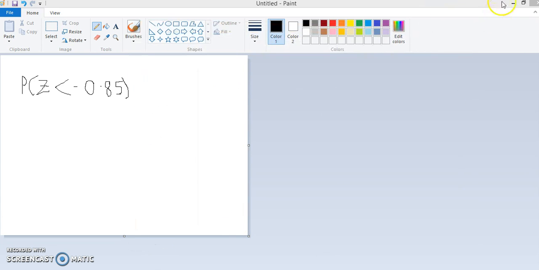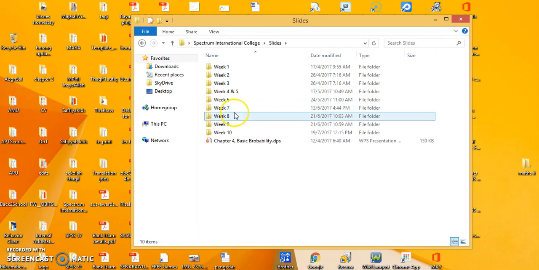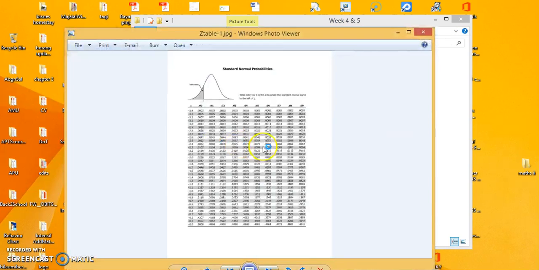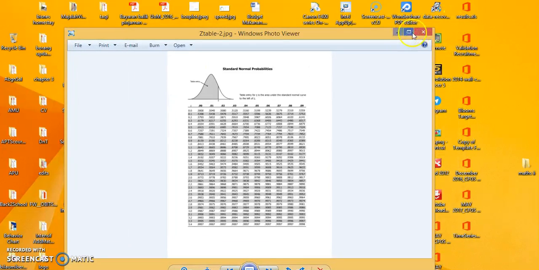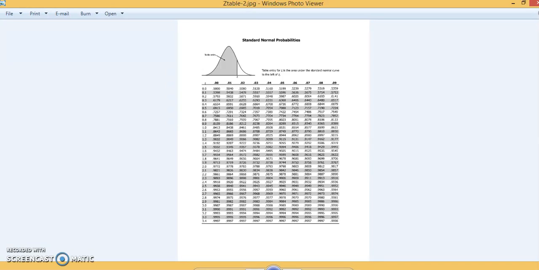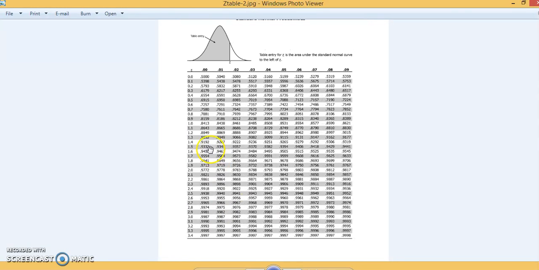Alright, so let's have a look at the normal table again. There are two normal tables. One gives you the negative z values, and the other gives you the positive z values.